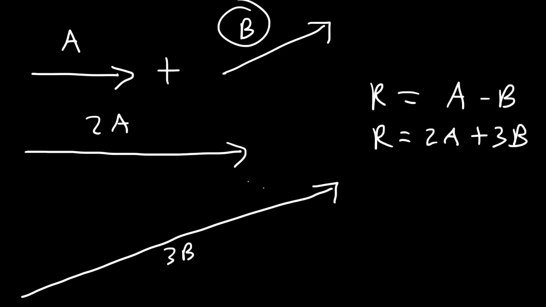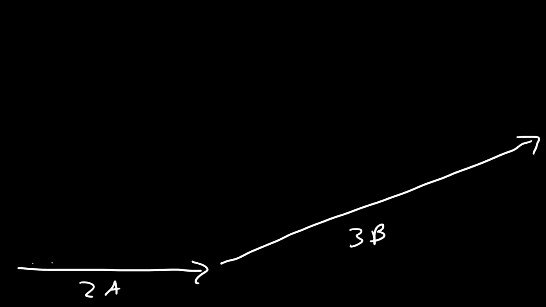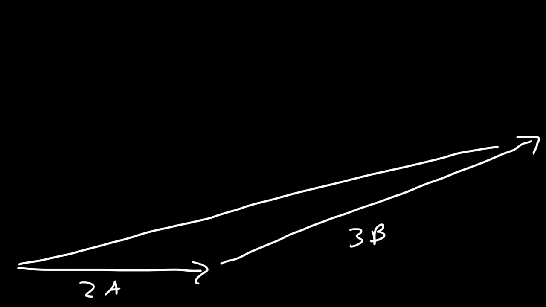Now I may need to draw this on a new page. So this is 2A, and this is about 3B. So the resultant vector R is right there.